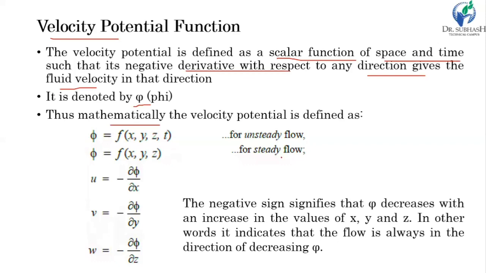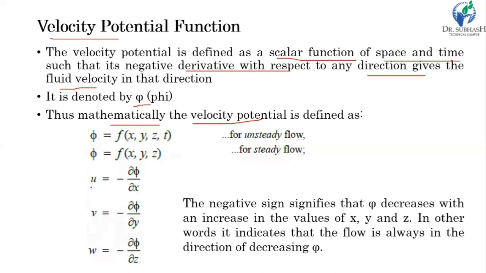Because for the steady flow, the components with respect to this Cartesian coordinate system will not change with respect to time. So let's see, as per the definition, how we can derive the velocity potential function.